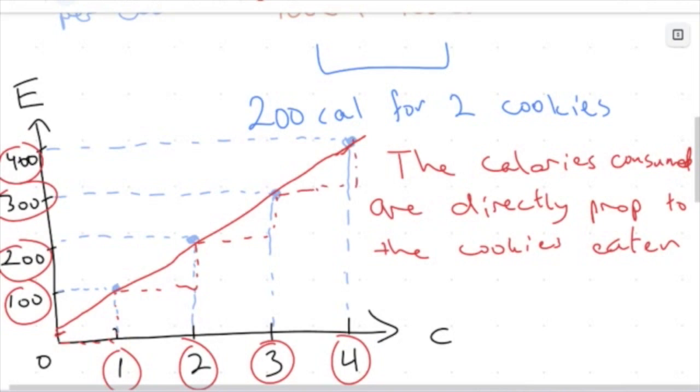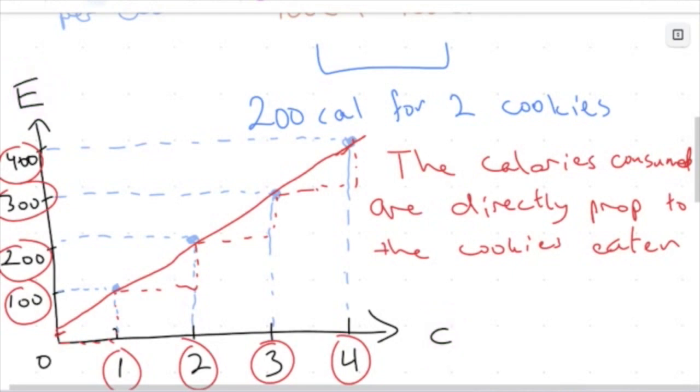So I can write this idea of consuming cookies as a relationship between 2 variables. Now, instead of x and y, I have E, the energy I get in calories, for C, the amount of cookies I get.